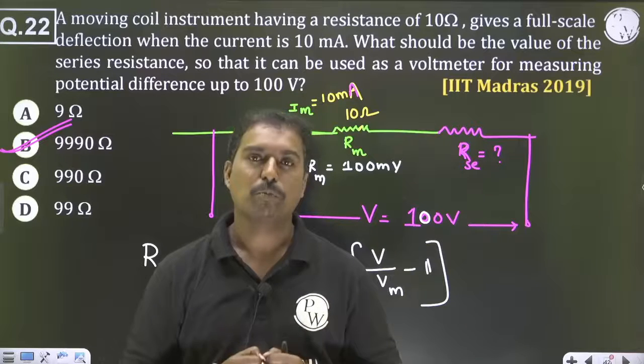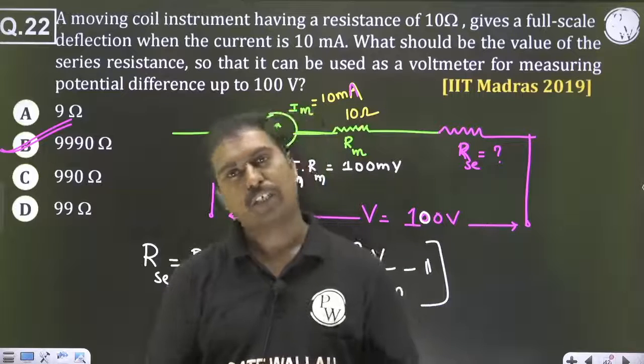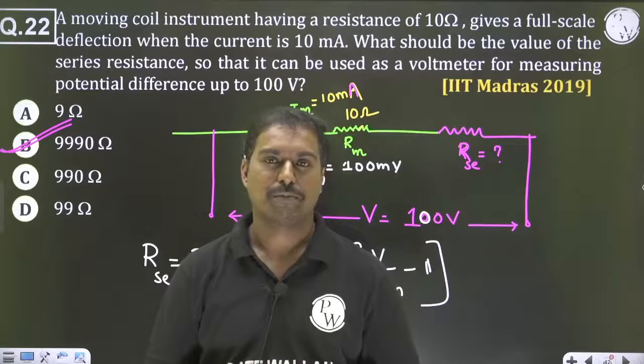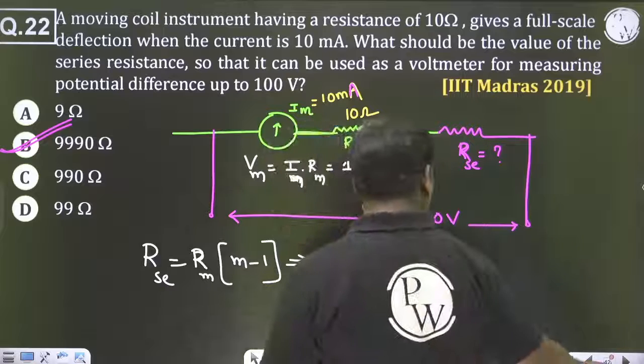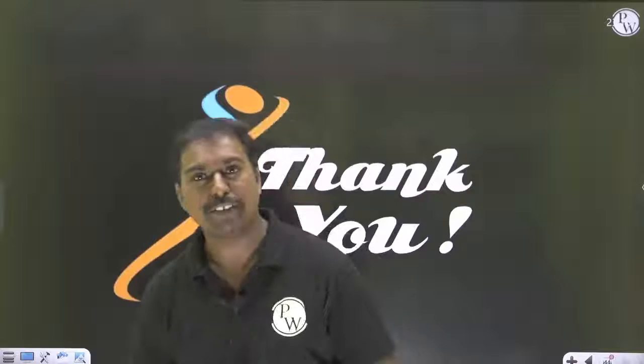I hope in this lecture you got clarity about the PMMC. In the coming lecture, we will continue with our other instruments. Thank you, dear. We'll meet in the next lecture.